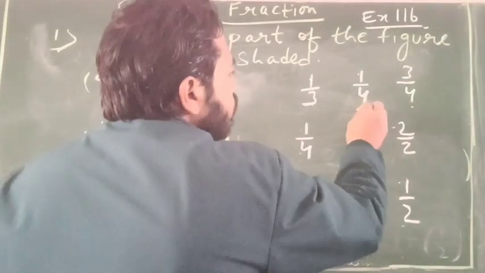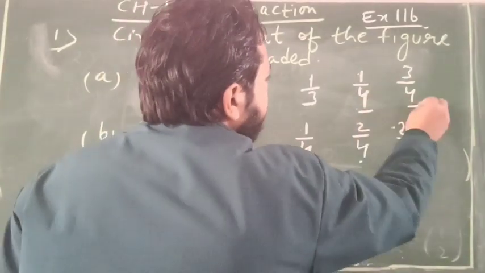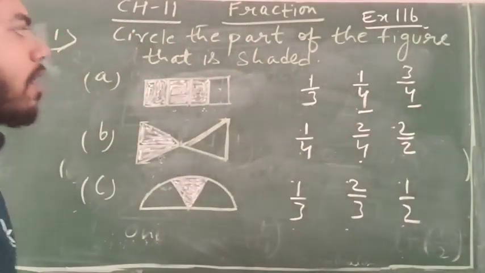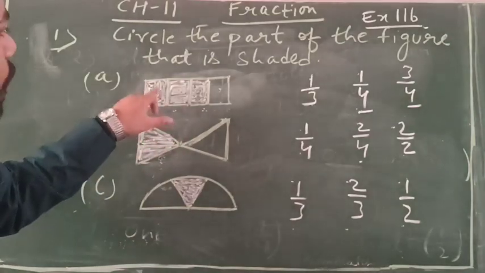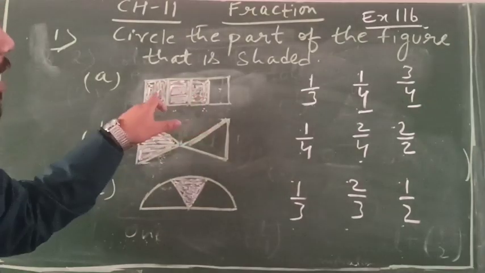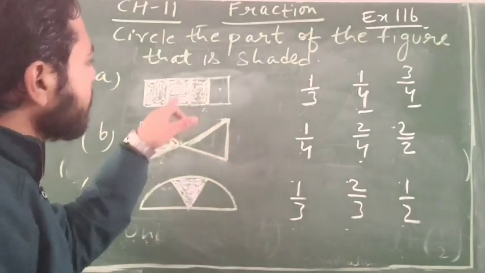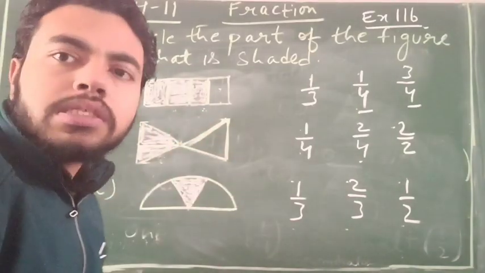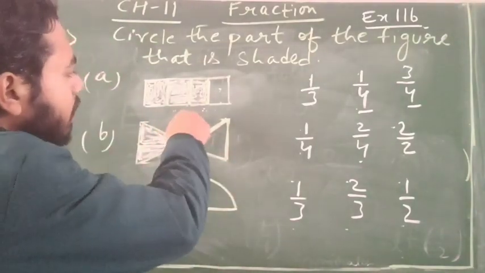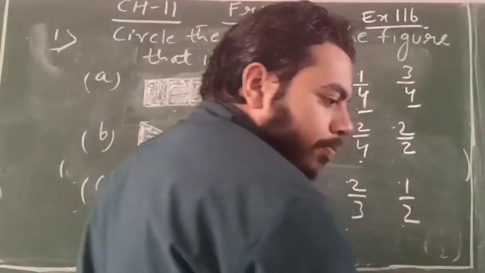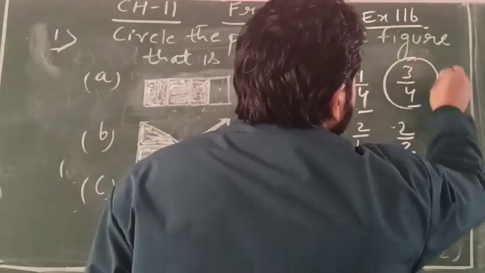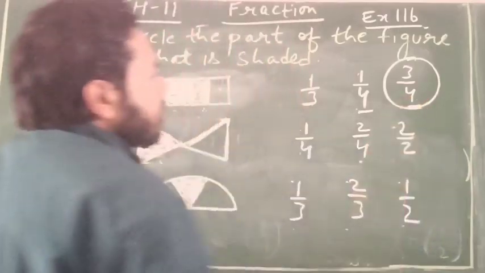So two fractions have denominator 4. And out of these, 3 parts have been colored. It means the numerator is 3. So here is the option 3 by 4. So you just circle it, 3 by 4.